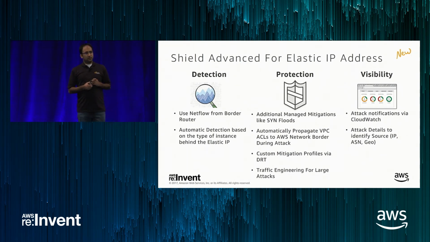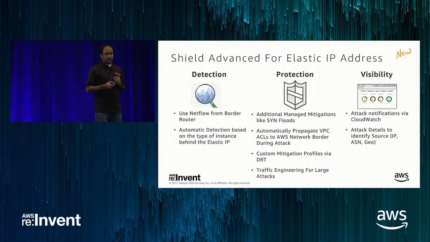And then, of course, just like Shield Advanced does today, you get visibility into attacks. You get instant notifications via CloudWatch metrics, which you can use to alarm or trigger your own SOC teams or automatically perform an automated response to it.